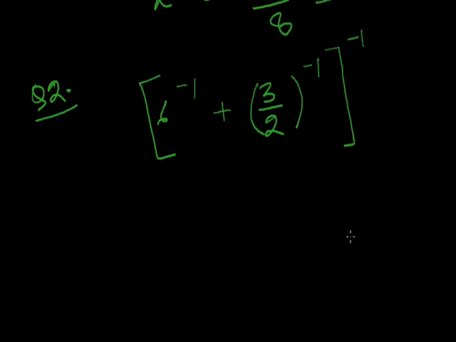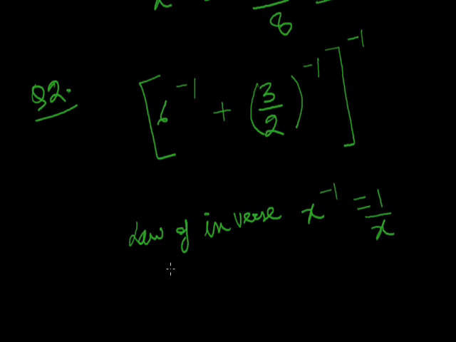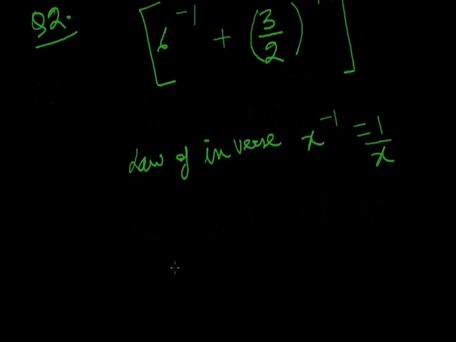Now first of all, as I told you in the earlier class, the law of inverse says that x raised to the power minus 1 is equal to 1 by x, which implies that 6 raised to the power minus 1 is equal to 1 by 6.